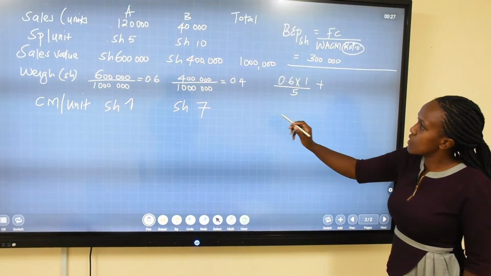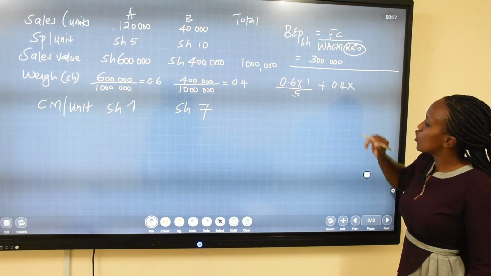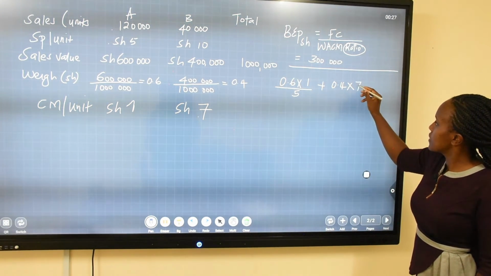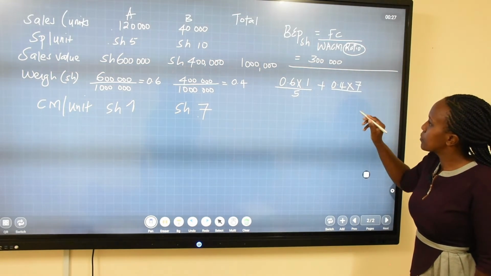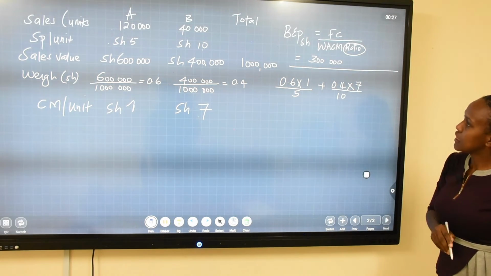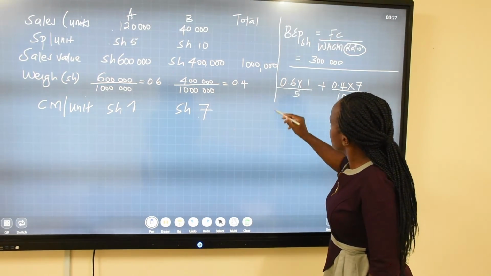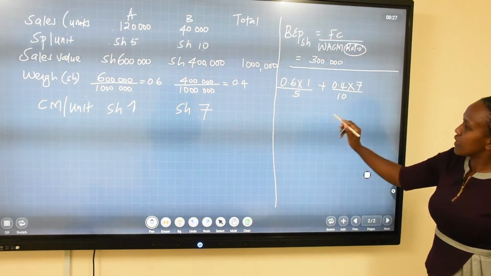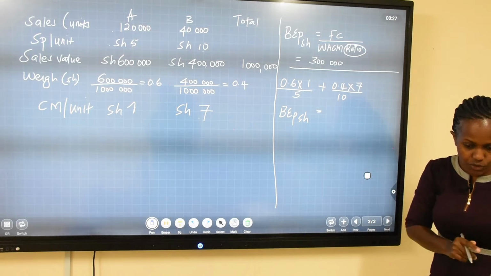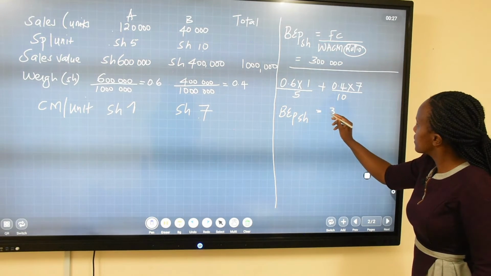Then you get the weight of B. The weight of B is 0.4. You multiply by the contribution margin, here it is 7, divided by the selling price. The selling price is 10. And this is going to give us now the BEP, but now in shillings, which shall be equal to 300,000.